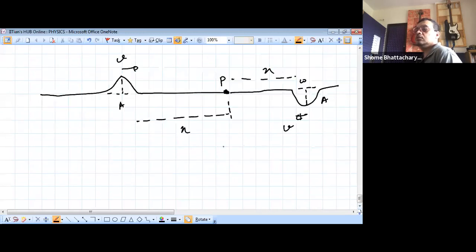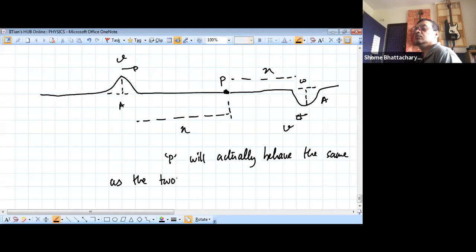So the point P will actually behave the same as the two symmetric pulses overlap at the point. So as they overlap, let's say this is pulse 1 and this is pulse 2.